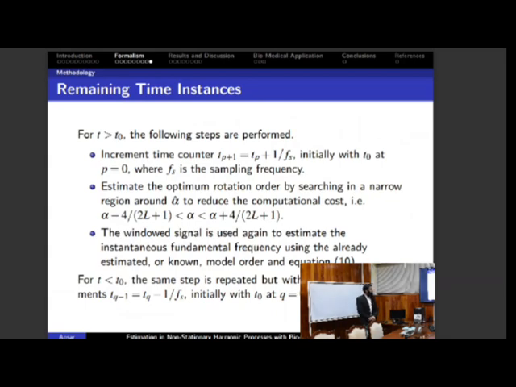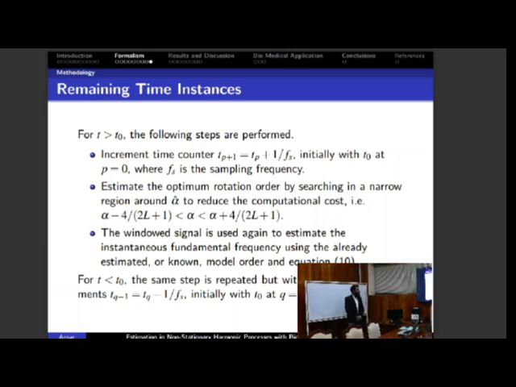So after getting the instantaneous fundamental frequency at t naught, now we will move our window to the right by incrementing the time to t_p plus 1 by fs, where we start with t naught, p equals 0, and fs is the sampling frequency. Here the optimum rotation order will be estimated, but this time we will narrow our region around alpha naught, because alpha naught is already the optimum rotation order.